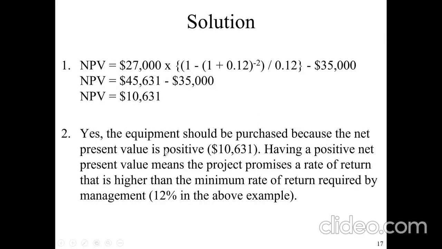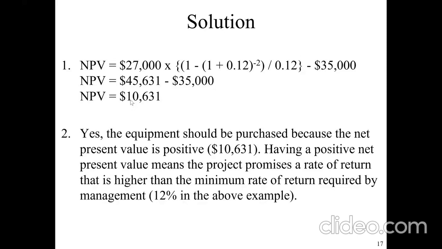And indeed, the company is looking for 12% return on investment. That means when they invested $35,000, 12% of it is what they are looking for every year. And so the figure we are having here is more than the 12%. And so the project is supposed to be embarked on so long as the NPV value is positive. That is how to use NPV in the calculations.